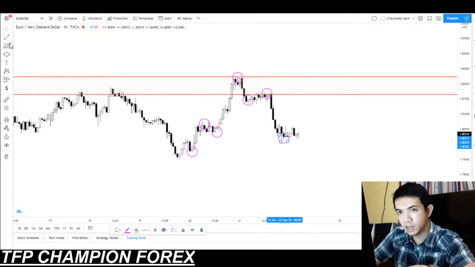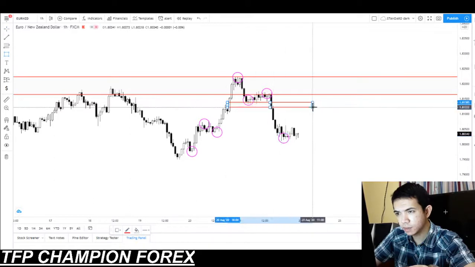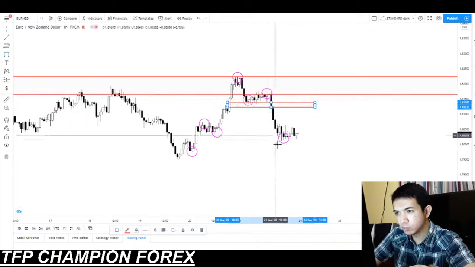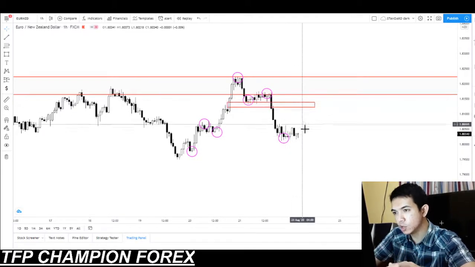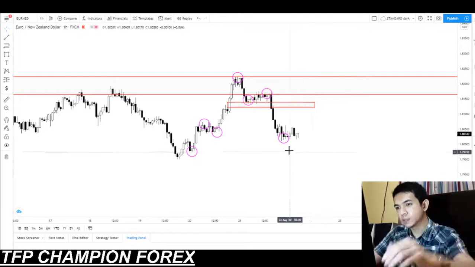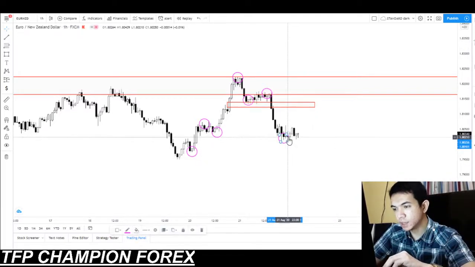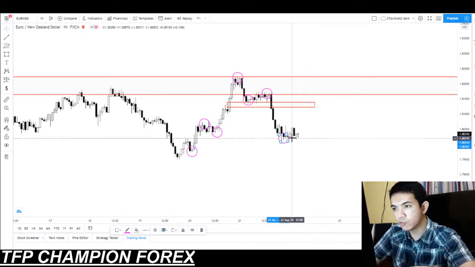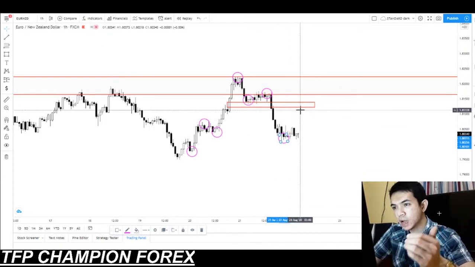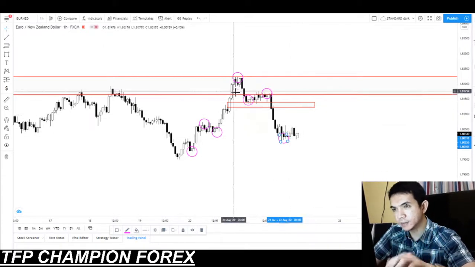So which means at this point, when the price broke this level of low and created a new lower low, we all know that the price now has shifted its momentum going down. So what do we expect? All right, we can expect now the market to move for a correction or retracement going up, to form another lower high.